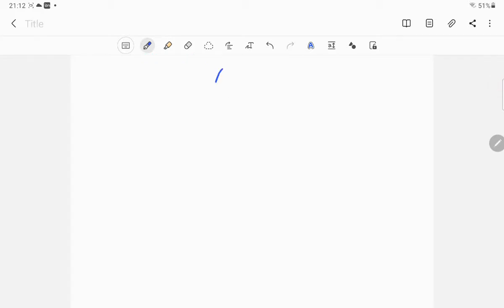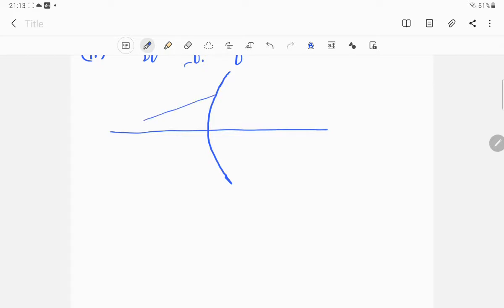Suppose that we have a spherical surface like this. Sorry, this is not a very proper one. I'm trying to draw it precisely, and this is the principal axis as usual. All of you are aware of it. Now suppose there is a ray of light coming like this, incident on it like this.